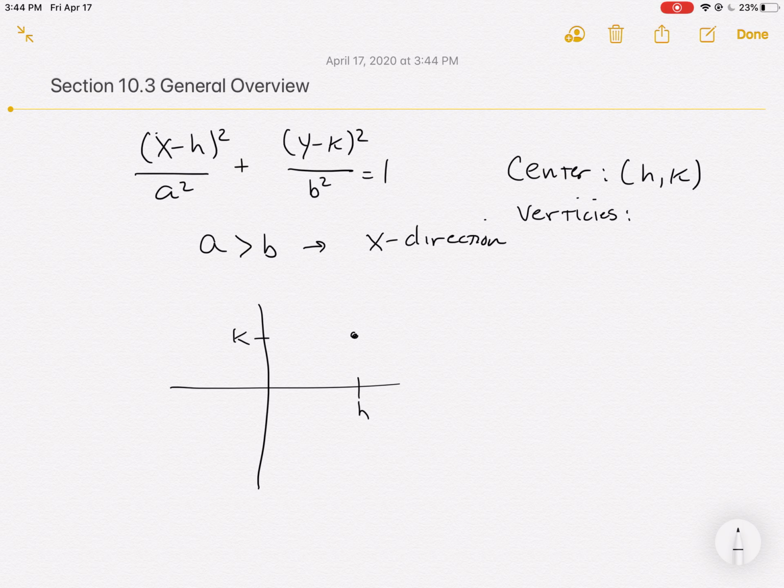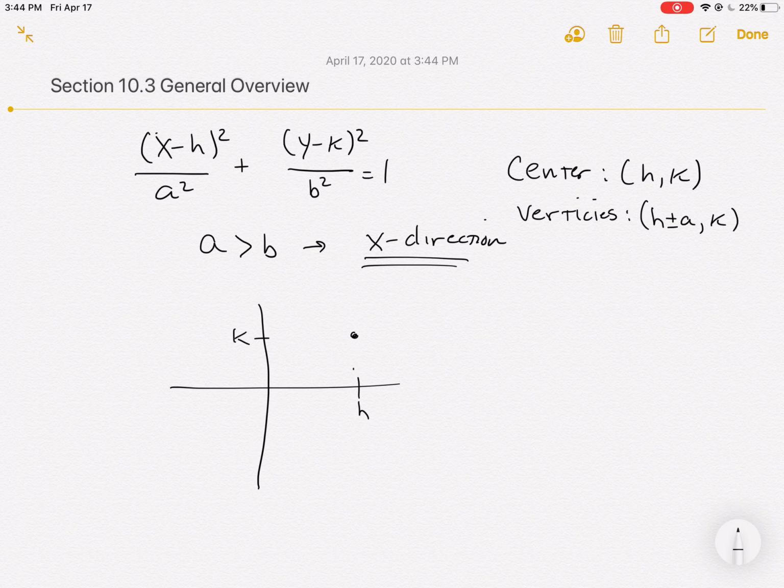So the vertices are found by applying the right number to the right variable. So remember, A is bigger than B, so x has the bigger number underneath it. So everything's going to happen to the x. So what's going to happen is the vertices are going to be affected by x, and we're going to add and subtract A, but keep that same k. So what does that do?